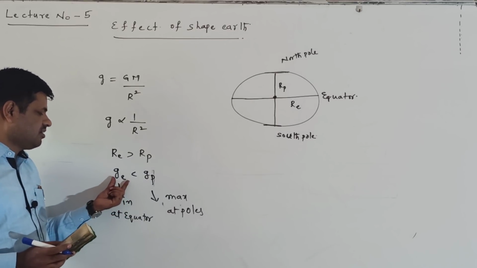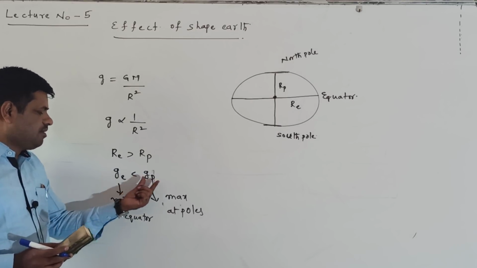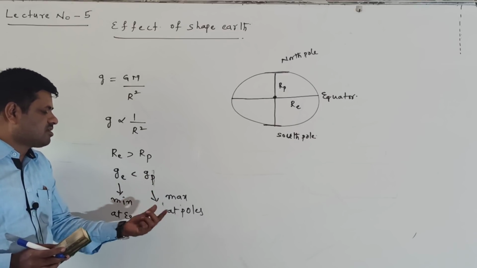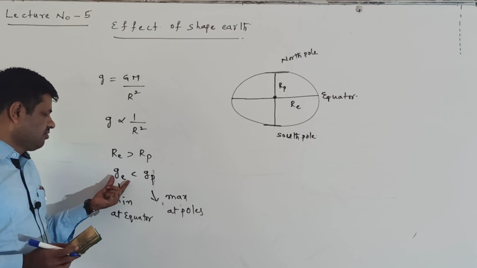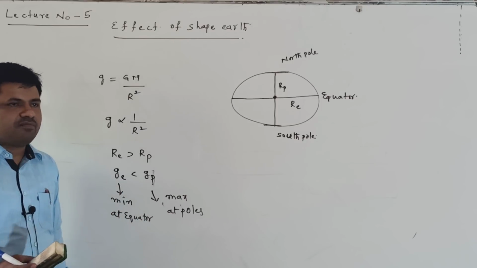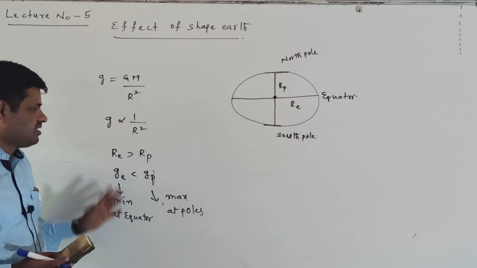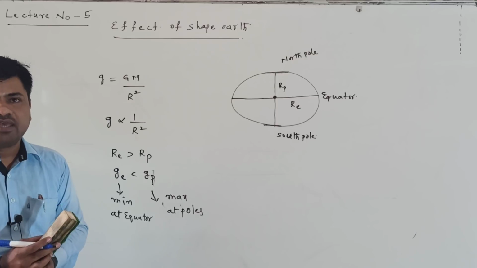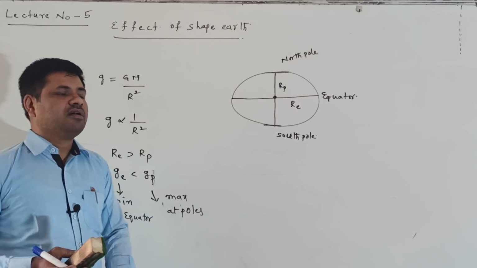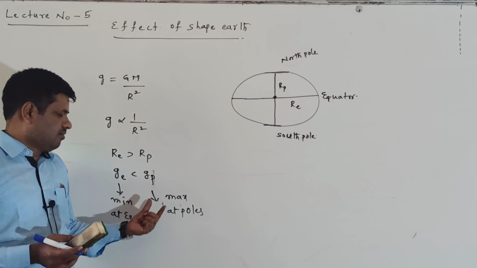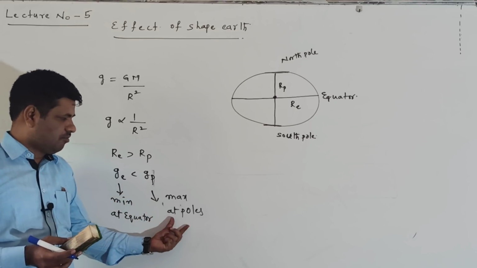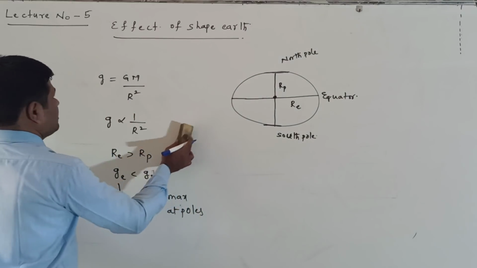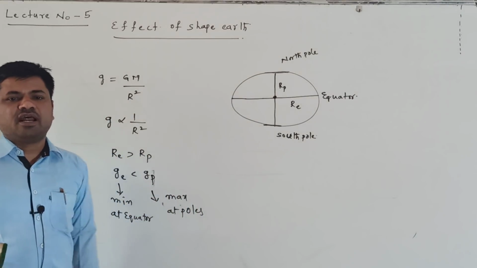GE means acceleration due to gravity at the equator, GP means acceleration due to gravity at the pole. Acceleration due to gravity at the pole is maximum and at the equator is minimum. The reason is that the earth is not a perfect sphere; it is flattened at the poles and bulks out at the equator. Right, this is the third, the effect of shape on acceleration due to gravity.